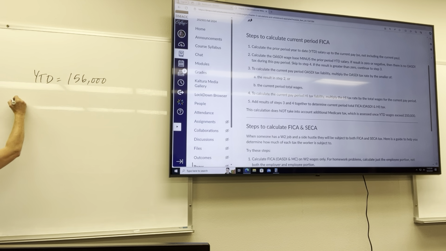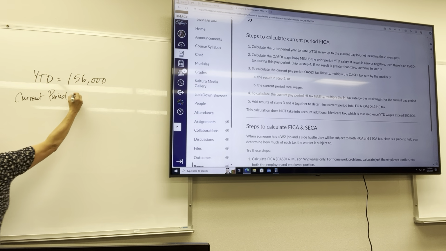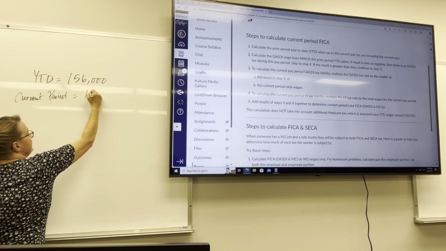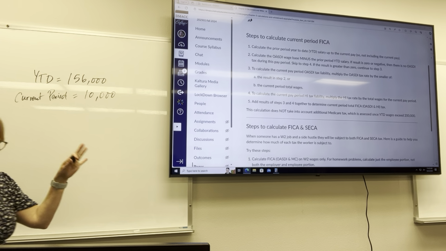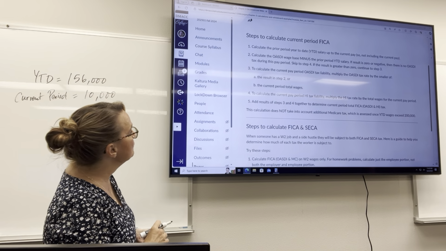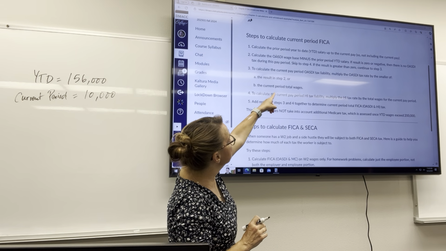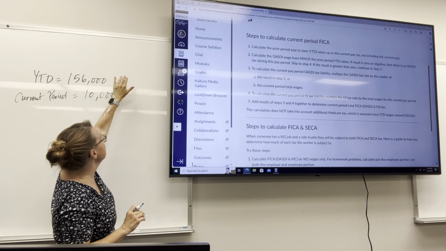During this pay period, current, let's say they earn $10,000 taxable wages. We've done the calculation. We figured out this is what their taxable wages are for this pay period. So, calculate the prior period year-to-date salary up to the current pay, not including the current pay. We've got that amount here.